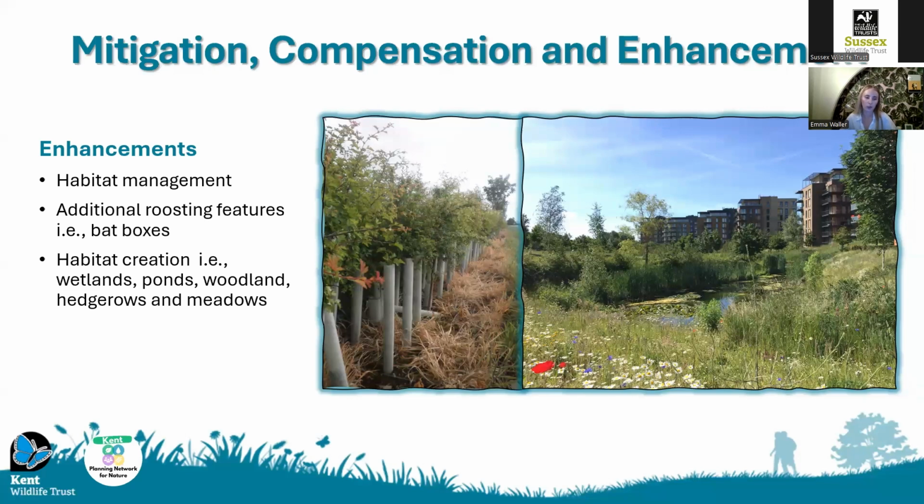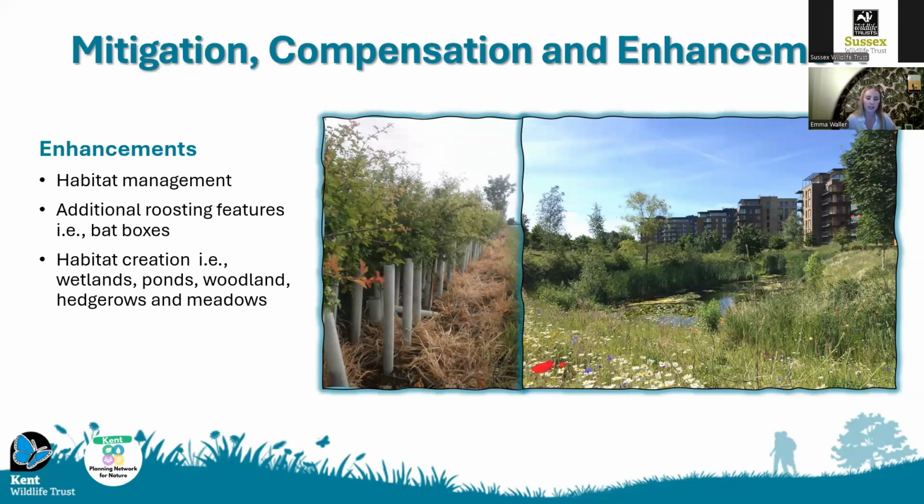For example, if you are losing one bat roost, you might provide provisions for multiple roost sites via a variation in roosting opportunities, such as placing bat boxes in trees, as well as bat tiles, bat tubes, and a bat loft. If it's a large housing development on agricultural land, for example, then providing important foraging and commuting habitats, such as the creation of ponds and wetlands, planting hedgerows or woodlands will also enhance the site for bats.